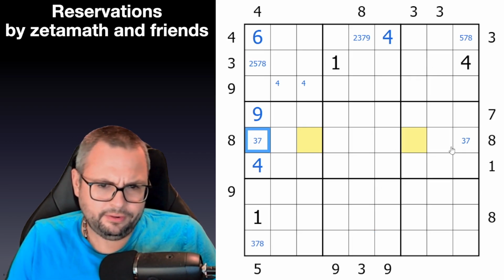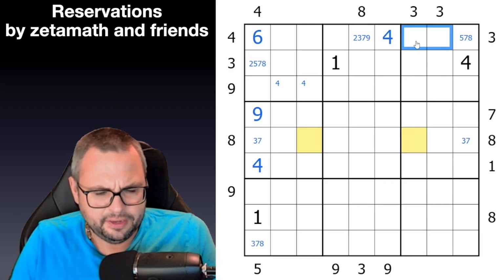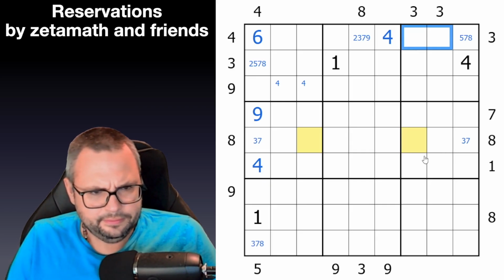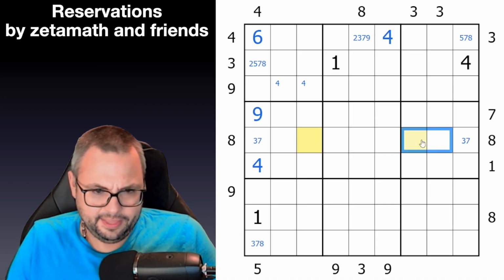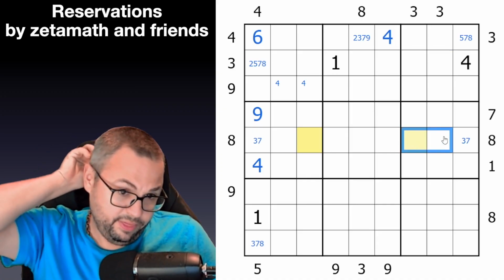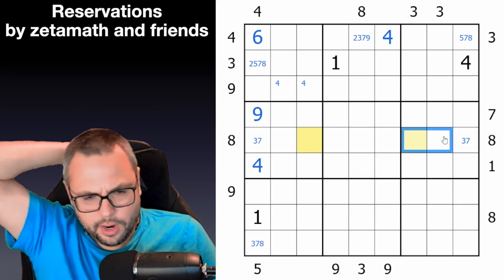But I also notice this is a 3-7 pair, so I also can't make either of these digits a 5. Because if I make either of these digits a 5, then I end up putting a 3 in a row with a 3, which I also should not do.